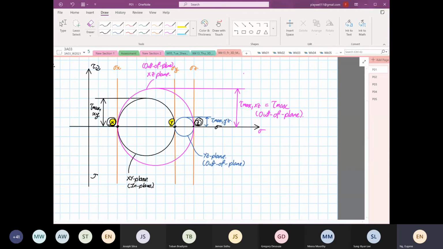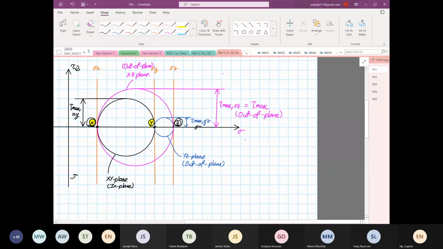Yesterday we looked at a case where, in fact, you don't need to use the 3D Mohr circle. You can use 2D and your answer will be the same. So over here you can see that tau max will be equal to stress Z minus stress X, divided by 2.